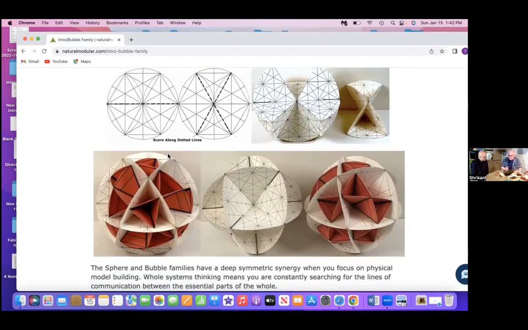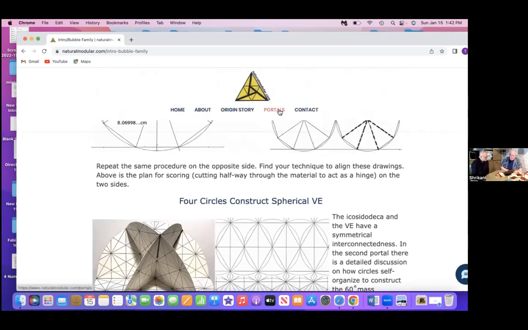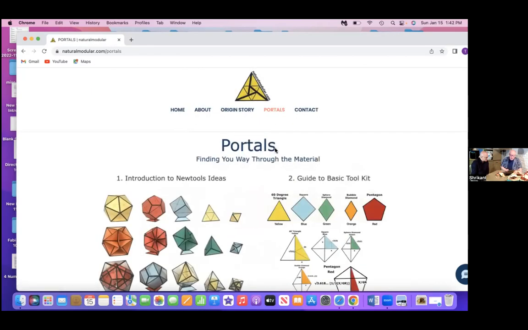And then you can see here how they both fit together. These are the all space filling and the 5-fold symmetries that are always taught separately and never connected together. And here you see that they just fit together so beautifully. So let's go back. There's always these interconnections between the different portals.